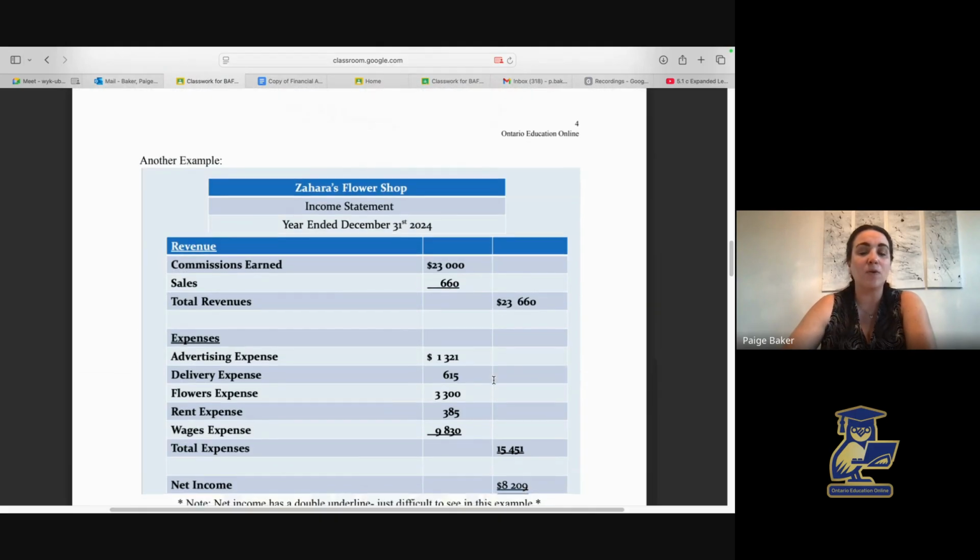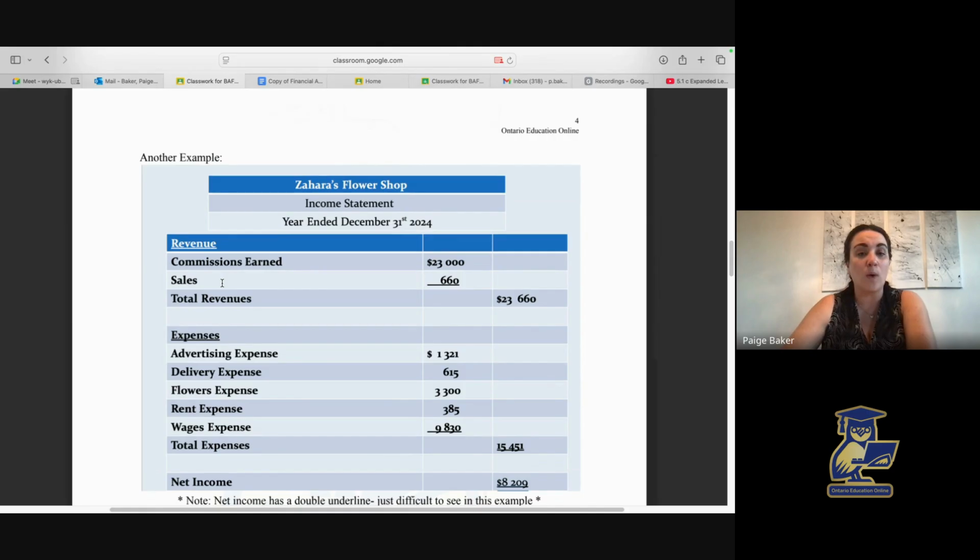Here's another example. So in this case, we have more than one revenue account. Okay, so we are going to list our revenue accounts in the first column. Again, we're starting with a dollar sign for the first value, and my total revenues is going to go in the second column with a dollar sign because it is the first number in this column. Then we are looking at our expenses, and again, we have them listed in alphabetical order. We are going to put a dollar sign to show that's the first expense, add them together.